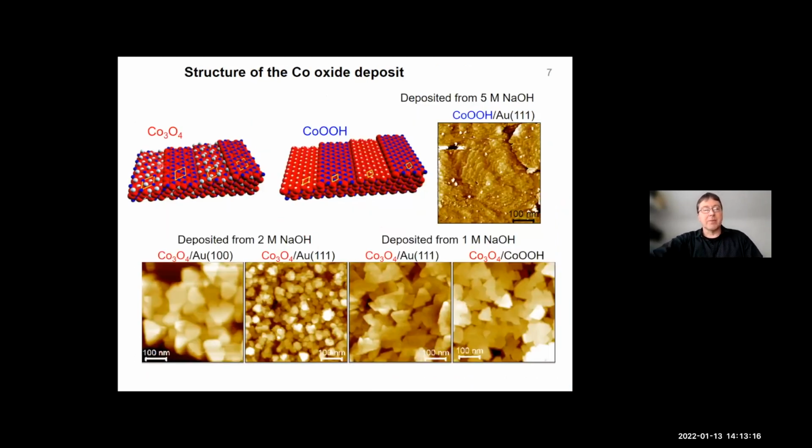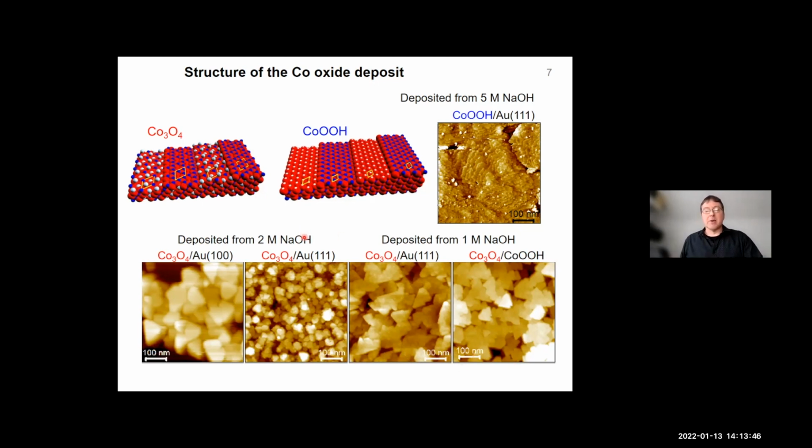So this is in principle how the structure looks. This is how the surface morphology of the different samples looks. You can see we can deposit relatively flat and well-defined films. For the cobalt oxyhydroxide, you actually see here the atomic steps in the image of the surface. For the Co3O4, we see islands which are usually flat top, and they are more or less three-dimensional.